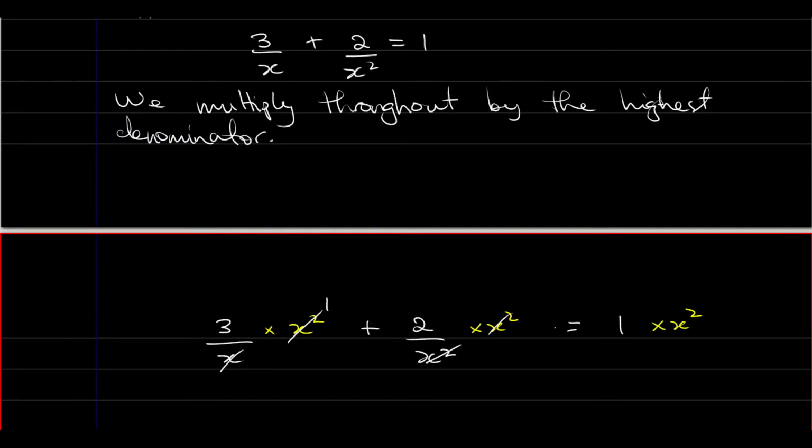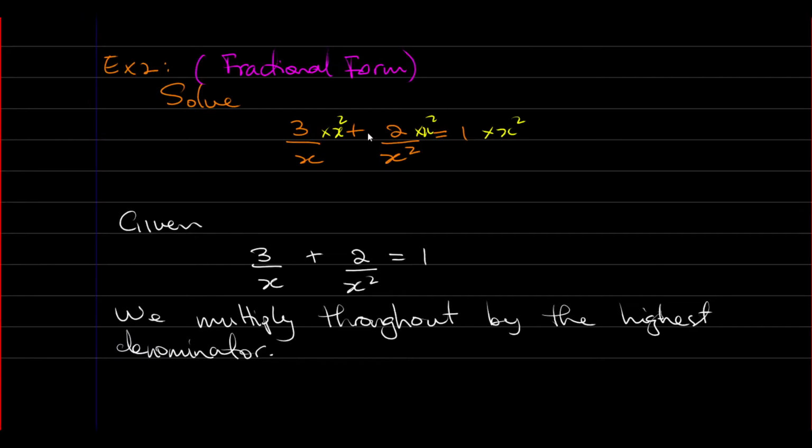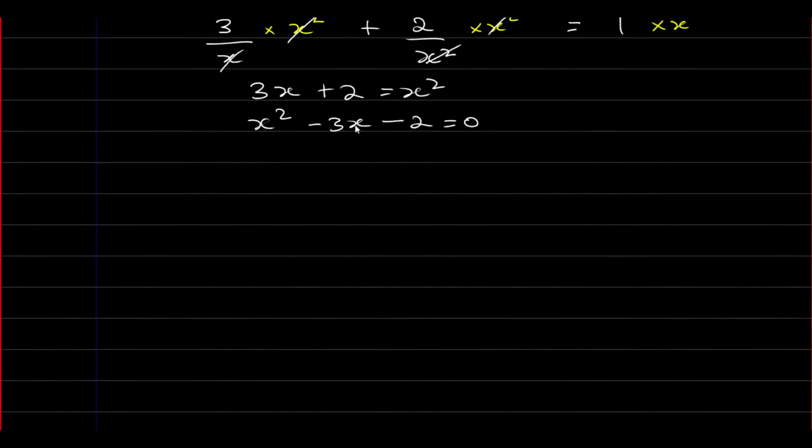This here would cancel off, leaving nothing, and this here would be what you multiply by. And you would end up with 3x plus 2 equal to x squared, and rearranging it, you would be able to get x squared minus 3x minus 2 equals 0. Right? Notice now we're able to take this fractional form and get to this form.